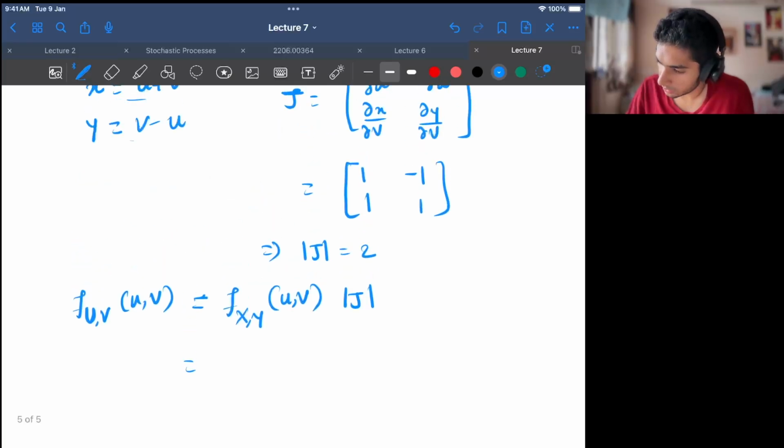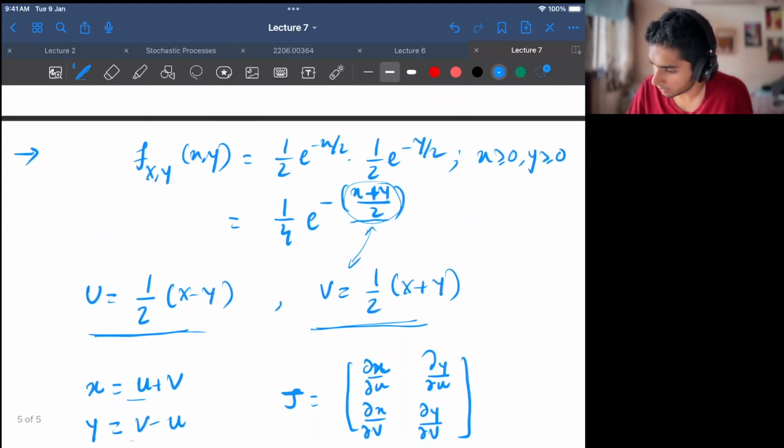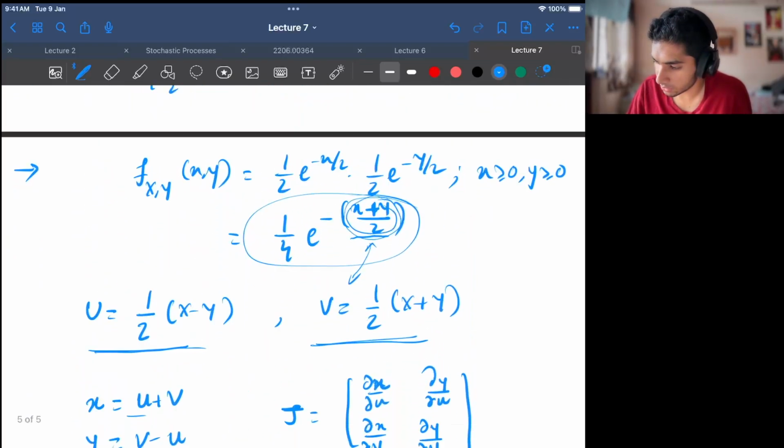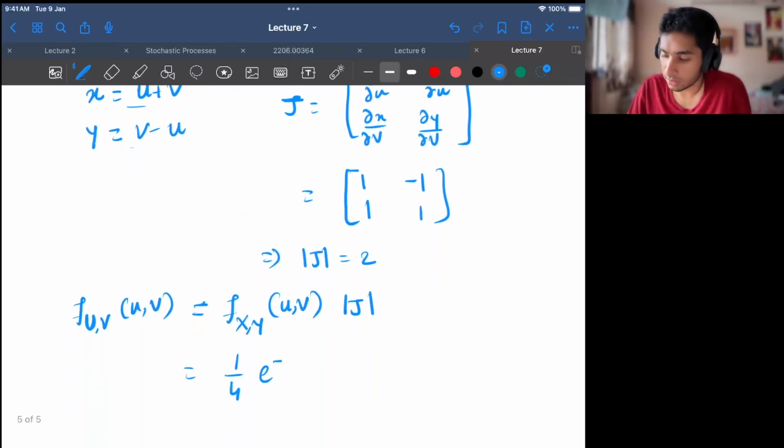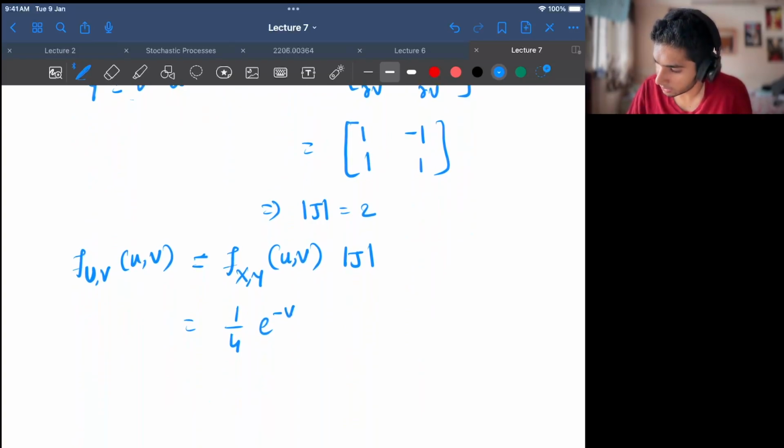So f of x comma y, we just saw it is this thing, and this thing is just v. So this will be 1 by 4 e raised to minus v into mod J, which is 2. So this will become half e raised to minus v.